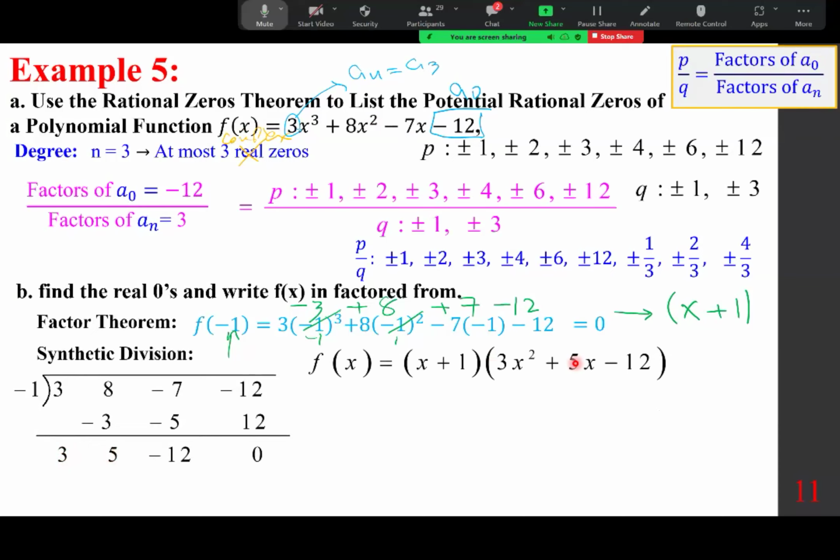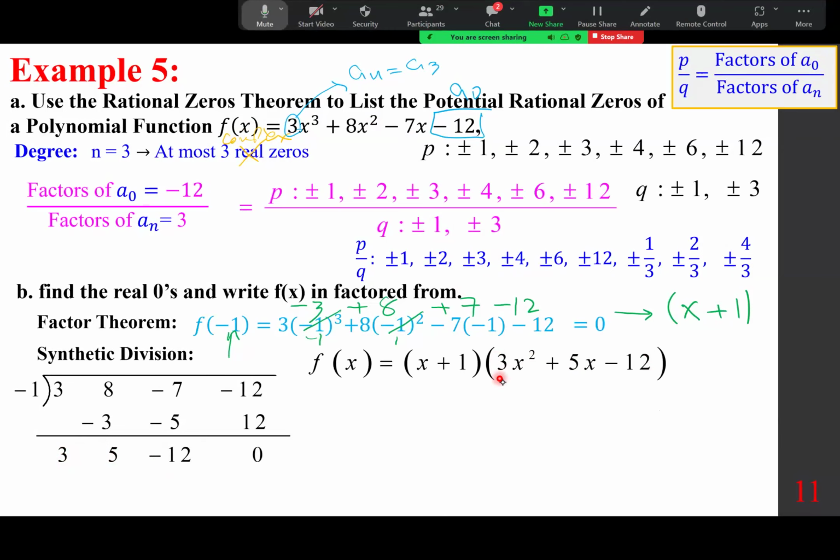Now, what do you do with this one? If you want to continue with this, you can, everybody. Meaning you can try 2 and -2, 3 and -3, and so on, to see what works. But when you get to degree 2, you can either go by factoring or the quadratic formula.